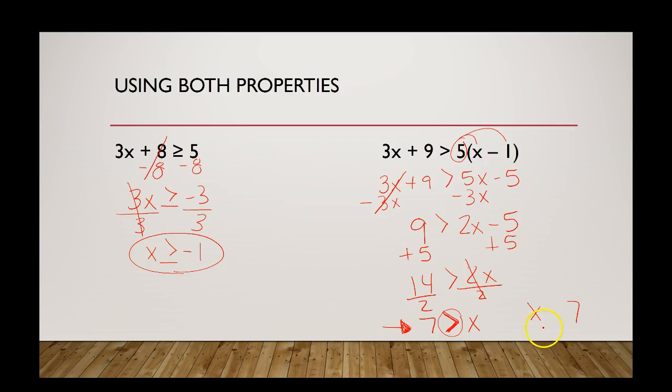So then when I go to rewrite it in this form, I have to make sure that it's still open to the 7. So if I want to put the variable term first, I have to make sure that the mouth of your inequality is still open to the bigger number. So pay attention to that if you go to write it in the other direction. Sometimes you're going to have to do that.